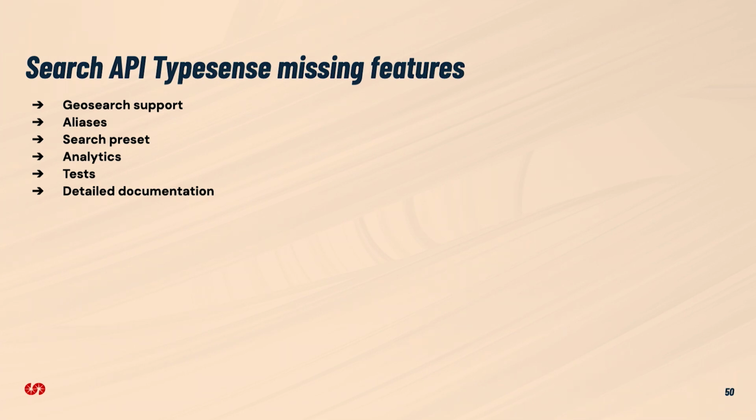It can be used to tune your configuration, maybe adding synonyms or something that allows your customer to find what they want. At the moment, the module doesn't have any tests, and has very basic documentation. So this is the point we are working on.